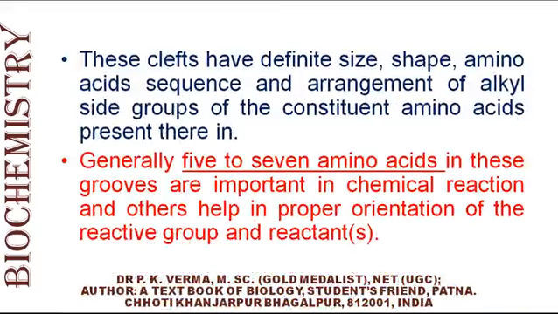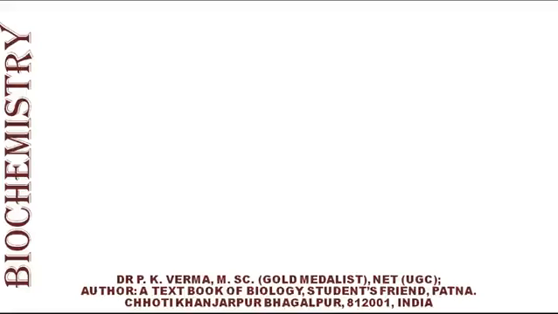Generally, 5 to 7 amino acids in these groups are important in chemical reactions, and others help in proper orientation of the reactive group and reactants.